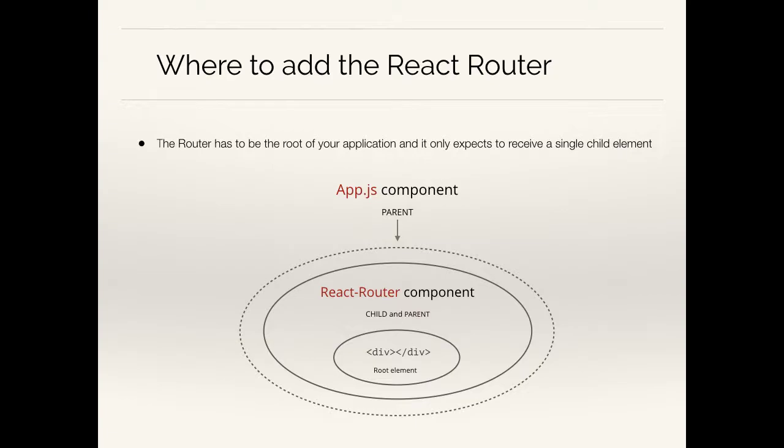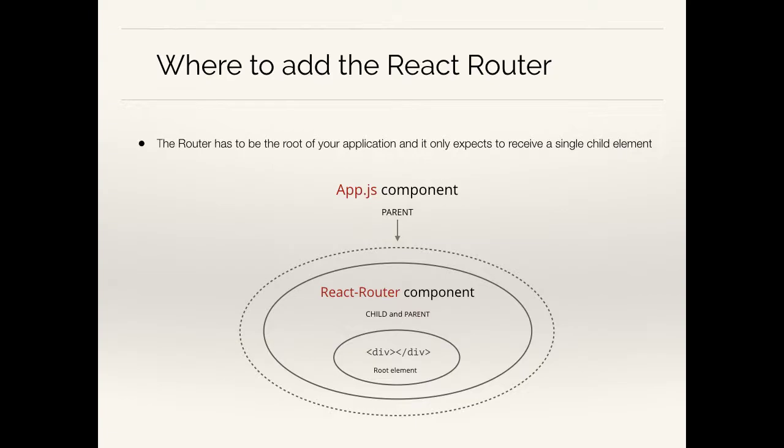Because the router has to be the root of your application, and it only expects to receive a single child element. So first of all, we will have our app.js component, the parent component, which will contain the React Router component.